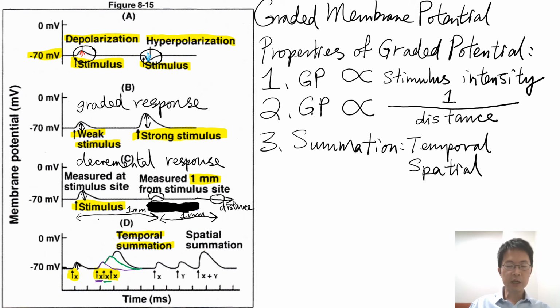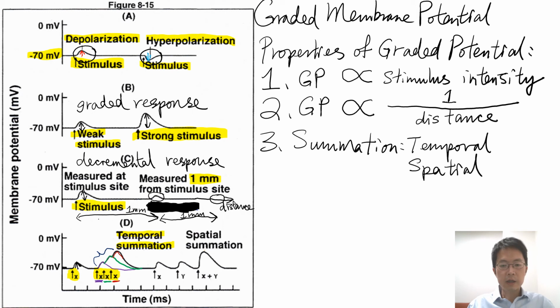But before the second one dies down, you give a third stimulation at the peak of the second one, so that you have this one here. In other words, these three graded potentials build on each other.